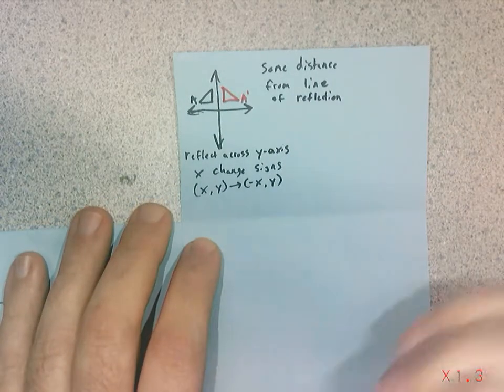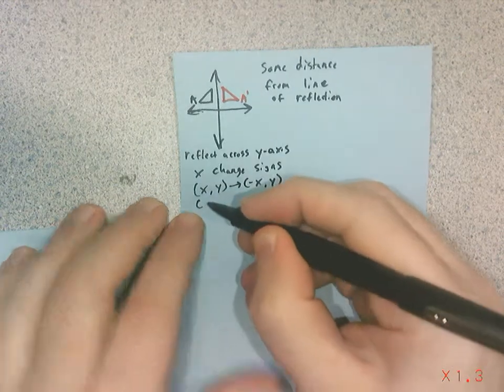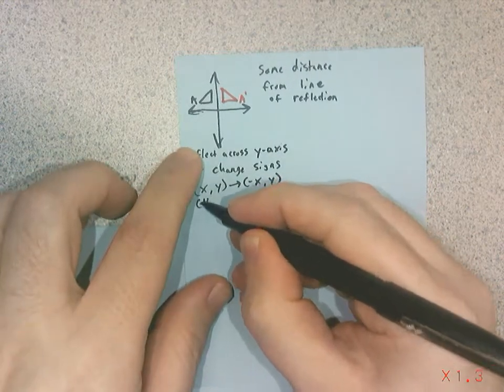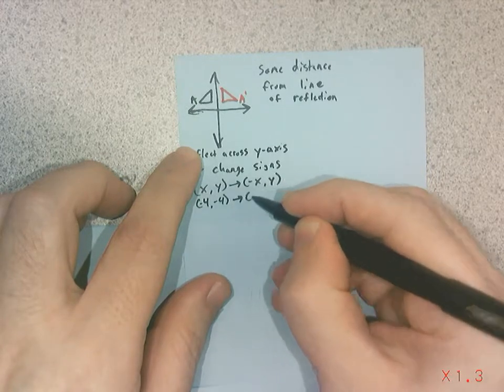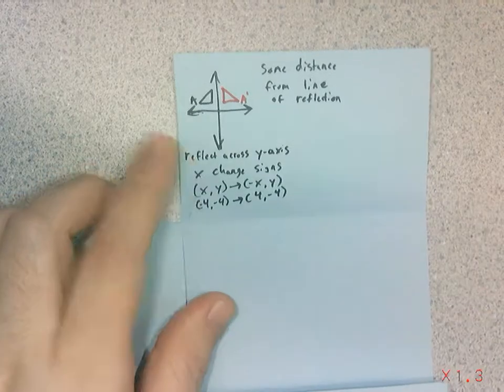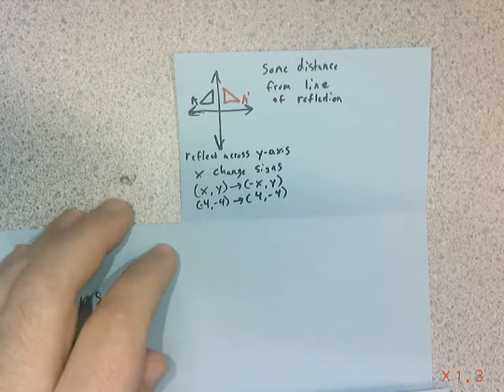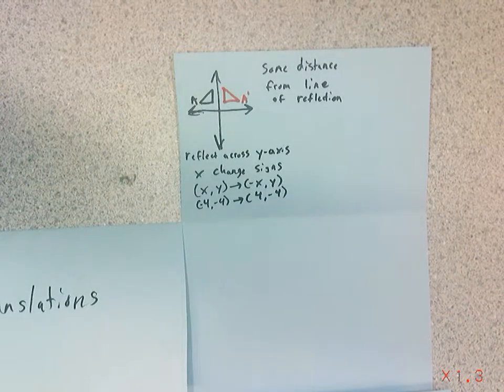So whatever the sign is, it would change. So let's say I have, let's do negative 4 and negative 4 as an ordered pair. It would become positive 4 and negative 4. Okay, so just the x would change signs. That's what happens when you reflect across the y-axis.